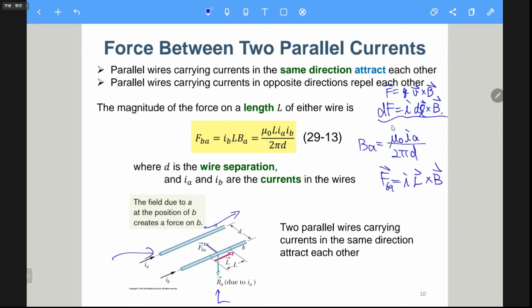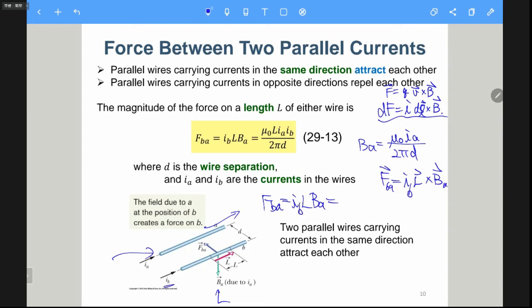Here L and B are perpendicular to each other, so it can be written as FBA equals IB L BA, and of course this one is IB.